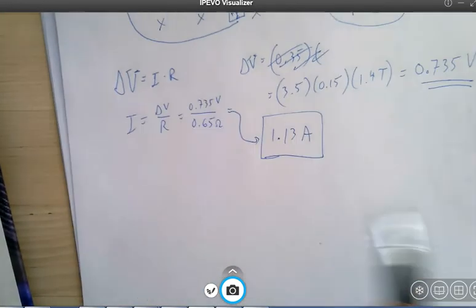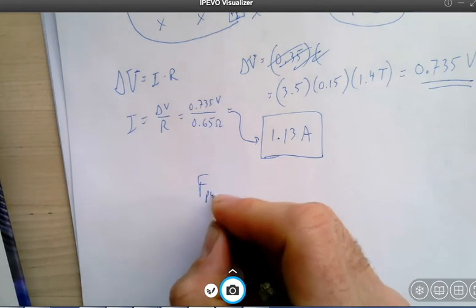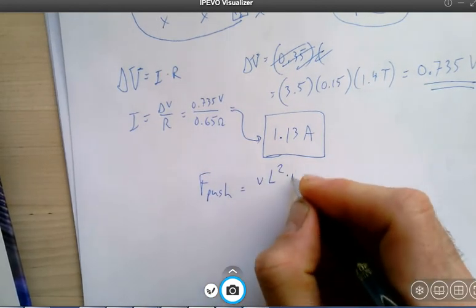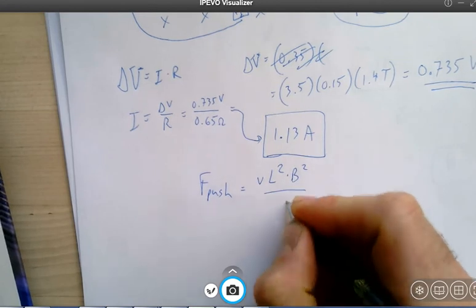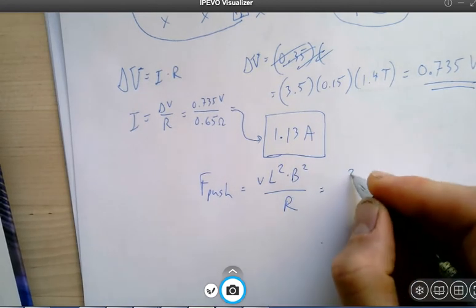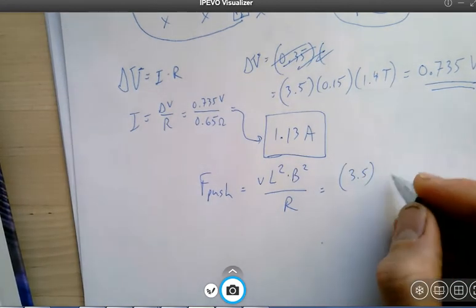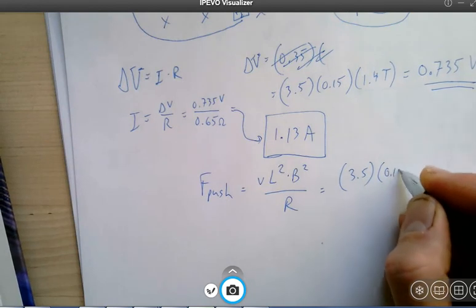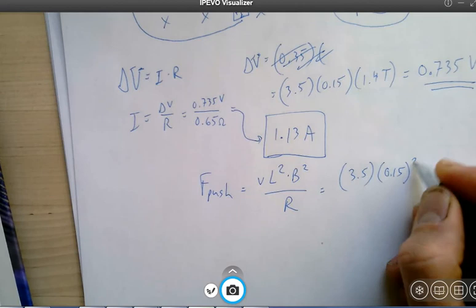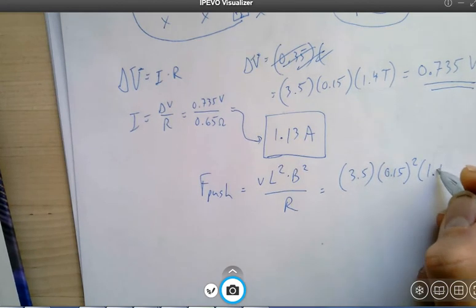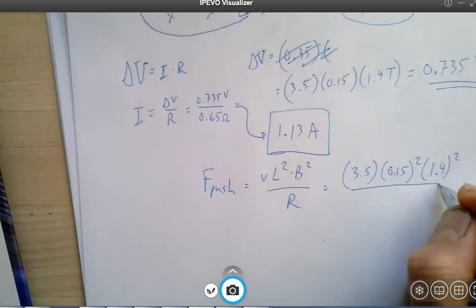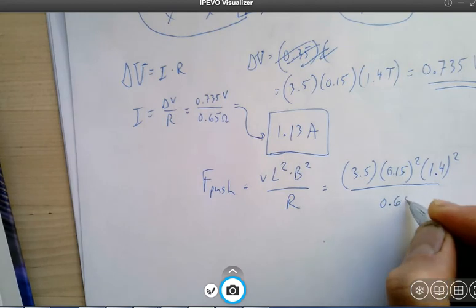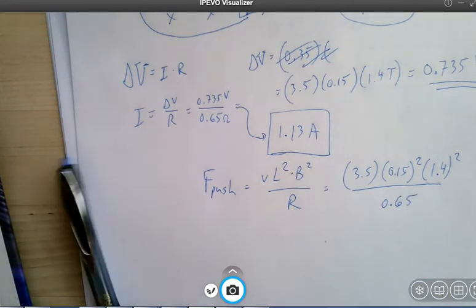But we can put those together, and so the force that we would need to be pushing with is equal to vL squared B squared over the resistance R. Again, that's 3.5 meters per second, the length of this wire of 0.15 meters squared, a magnetic field strength of 1.4 teslas squared, and the resistance is 0.65 ohms.